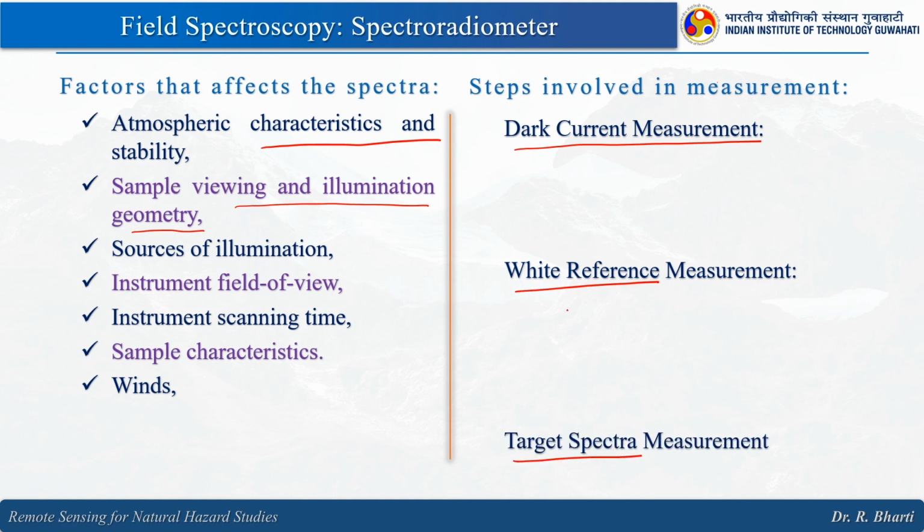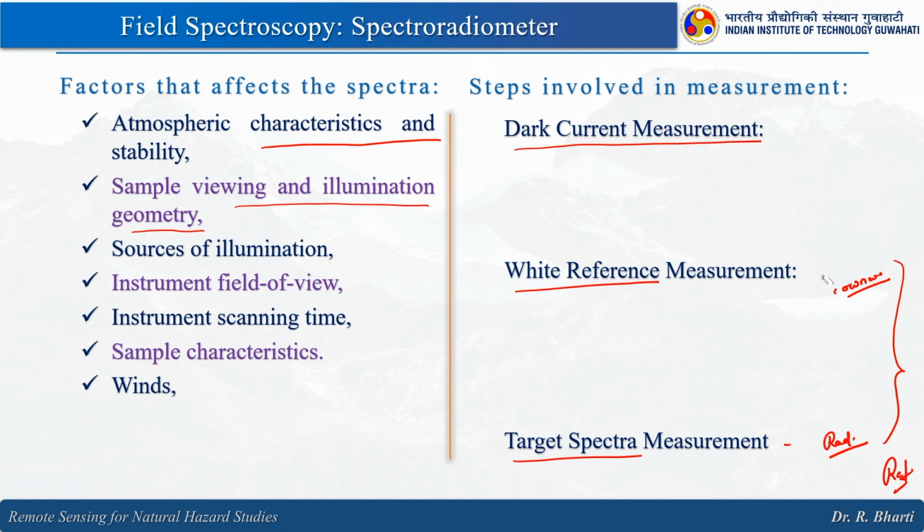This white reference is basically your irradiance, which is nothing but the downwelling radiance, and the target spectra is basically your radiance. When you have these two measurements, you can calculate the reflectance.